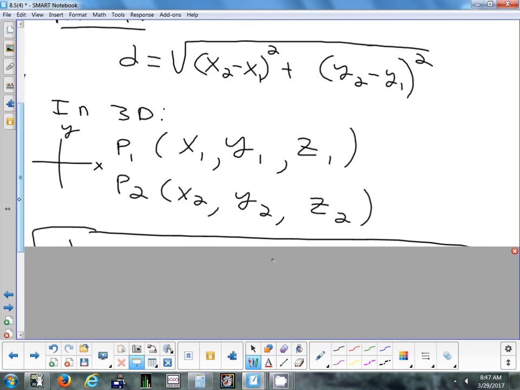Does anybody know what we call 8 regions? Well, we don't call them quad. Octants. Quadrants, octants. So in 3D, you have what are called octants, and there's 8 of them.